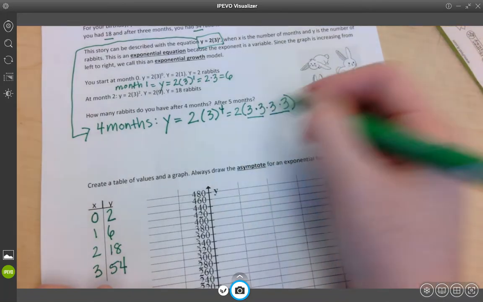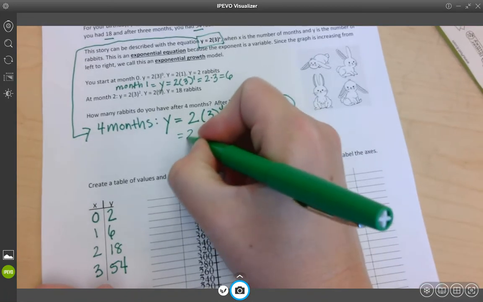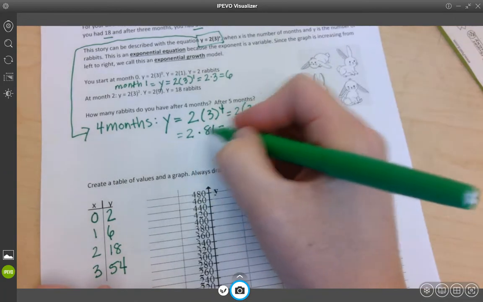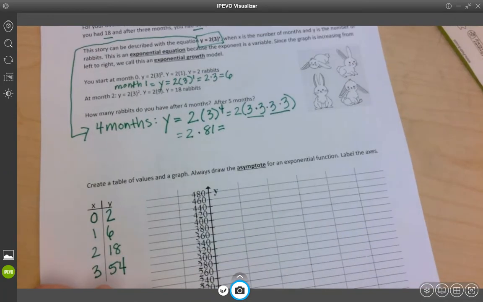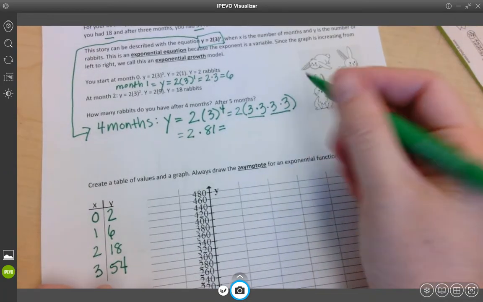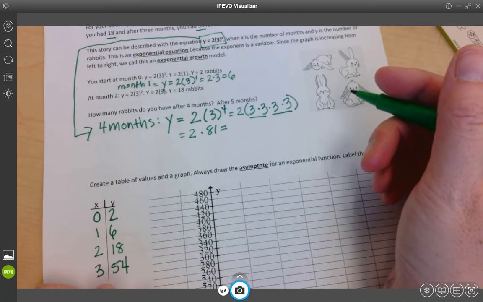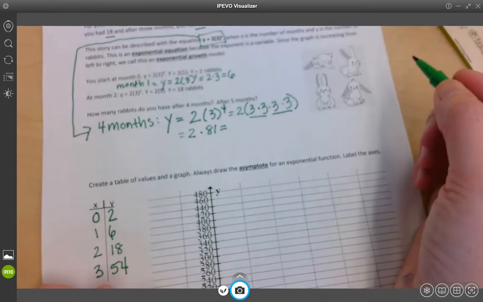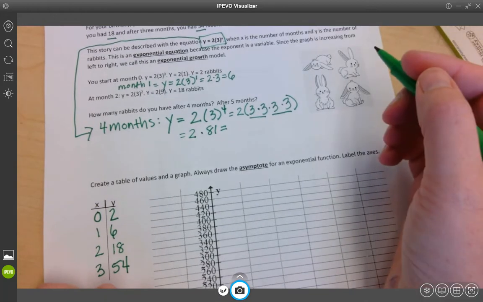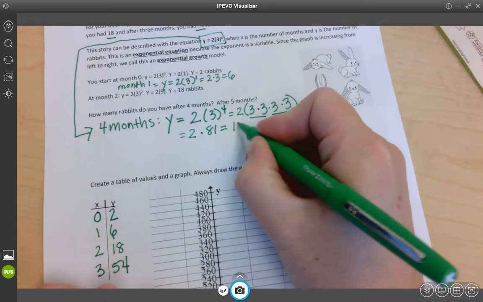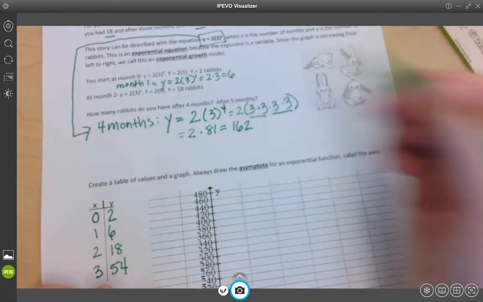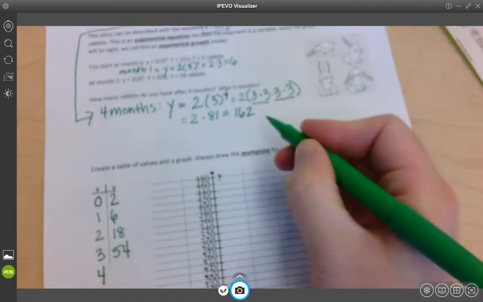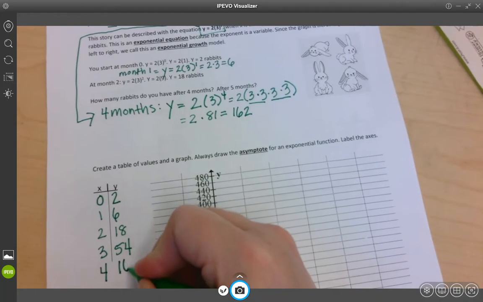Thank you. So I have 2 times 81, which seems hard, but it's not really because it's 2 times 80 and 2 times 1. Anybody have it? 2 times 81. 162. All right, so when I have 4 months, I have 162 rabbits.